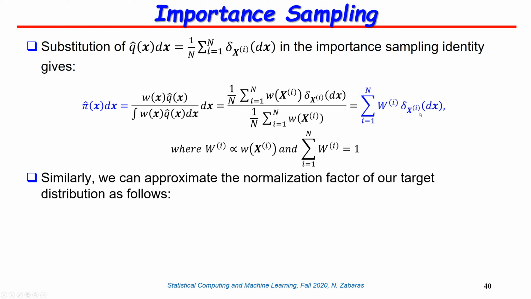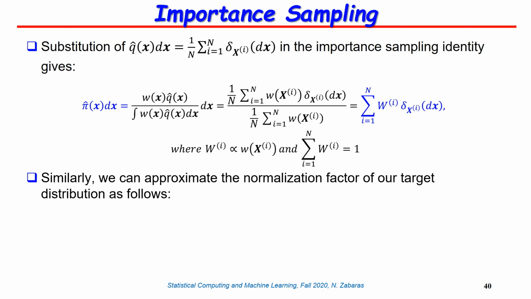And that immediately gives me my final form for the empirical measure of pi of x under this importance sampling methodology. Okay? So again, little w are the unnormalized weights, all right?